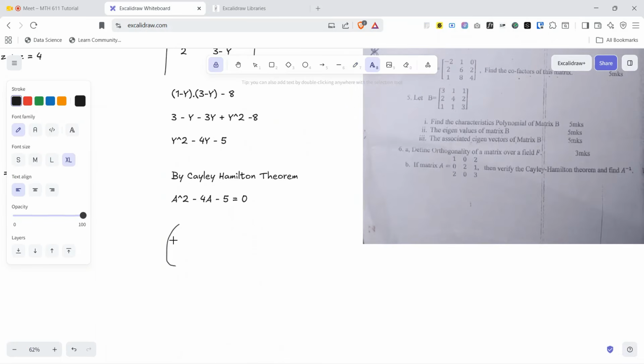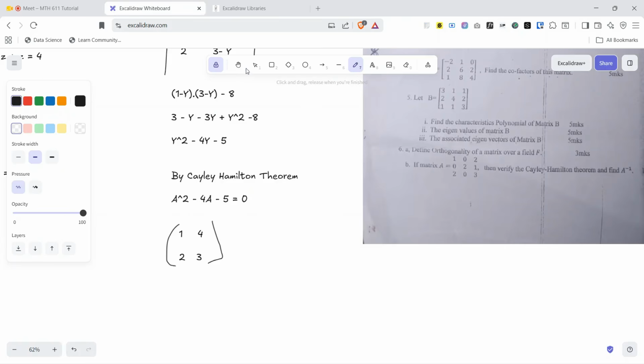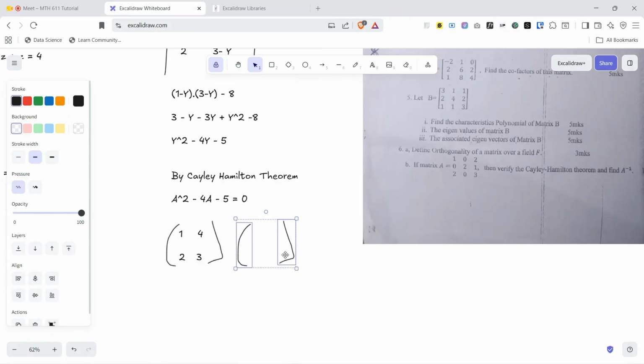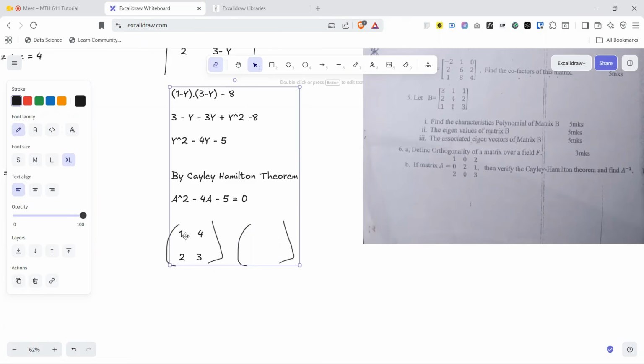So we have 1 4, 2 3, close brackets, then the same thing that we have here. Why is it not copying the rest? So since it is, what's it called now? Okay.